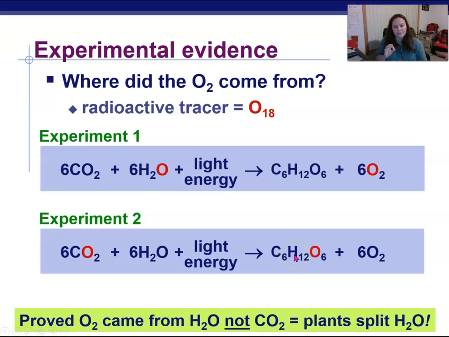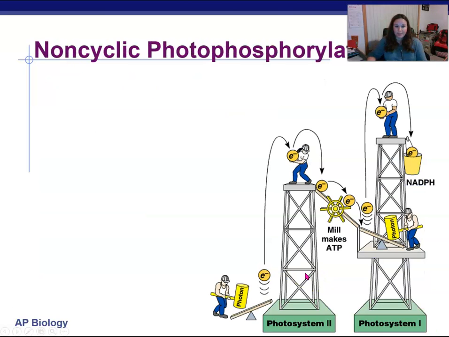So that's what we just generated in the light reactions. We just generated not only ATP, but we generated electrons to put into glucose. This is what we generate when we're doing the light reactions. It's going to go into glucose, and we're going to get the CO2 from the air and combine that all together.